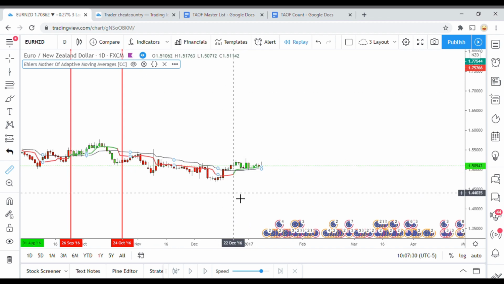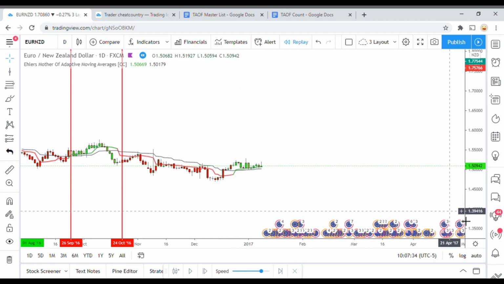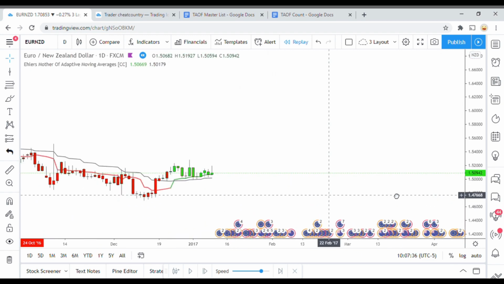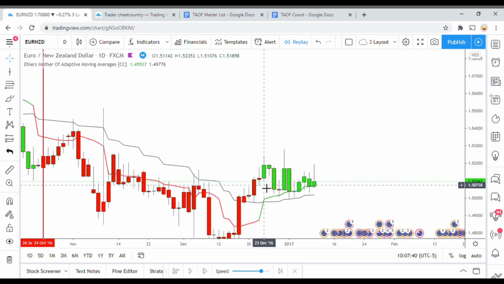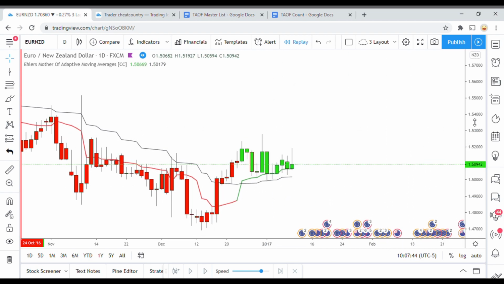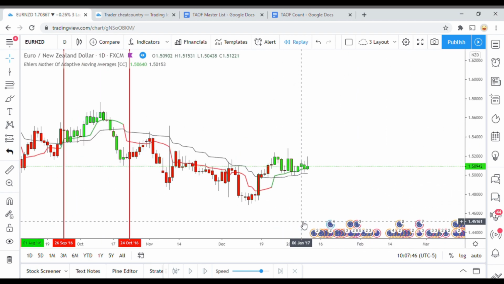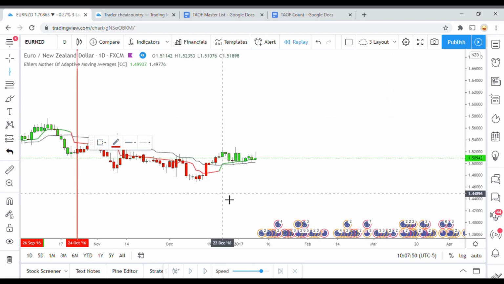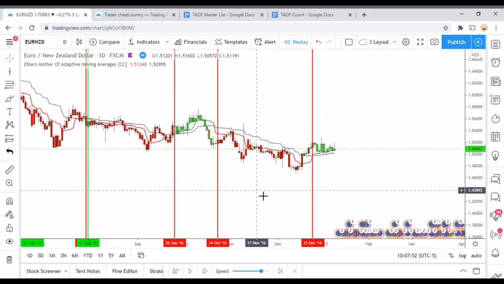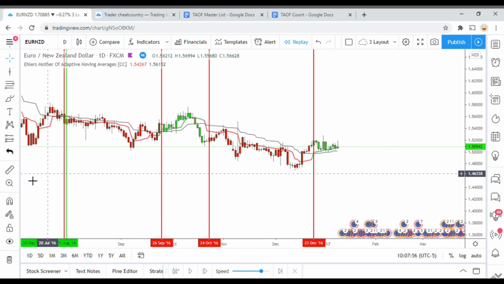Can't quite tell. Let's see. Looking at this little bitty candle right there to see whether it was a red candle or a green candle. It is red, which means that was a losing trade right there as well.